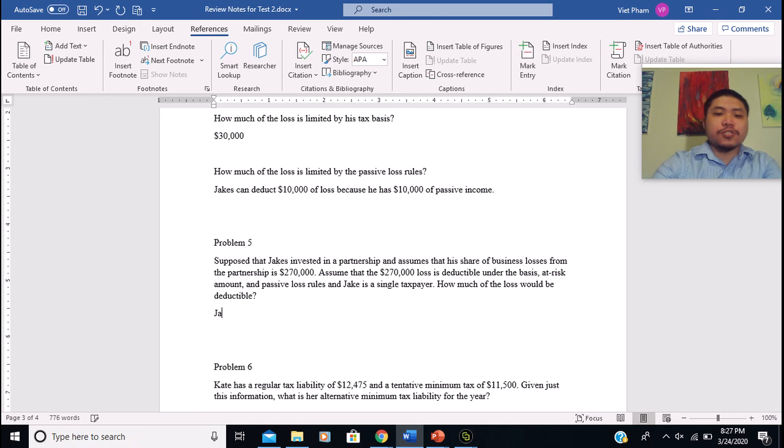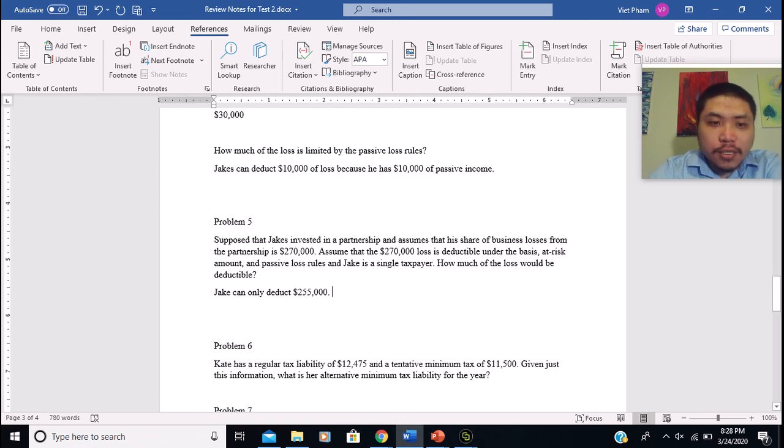So Jake can only deduct $255,000. Okay. So yeah, that was because of the limitation. So he cannot deduct above that amount. Right. All right. So that was number 5.